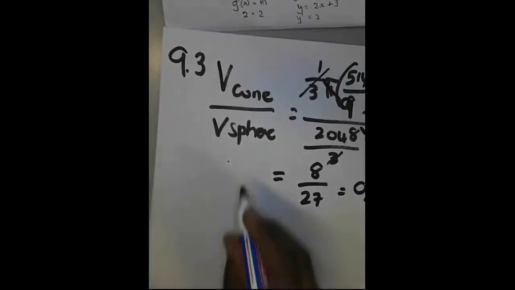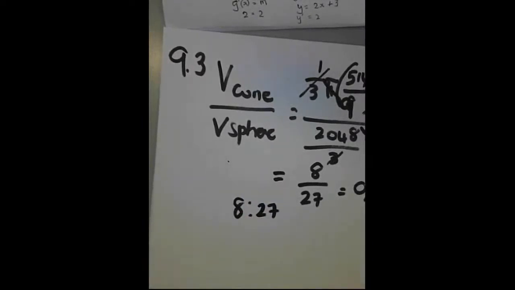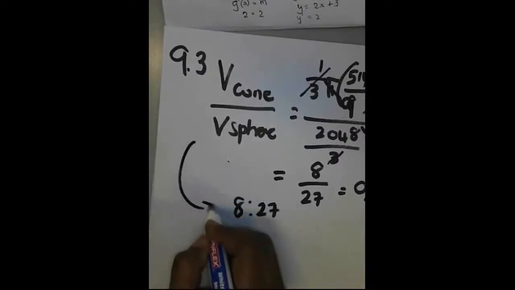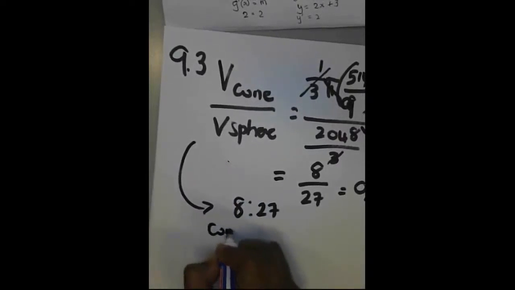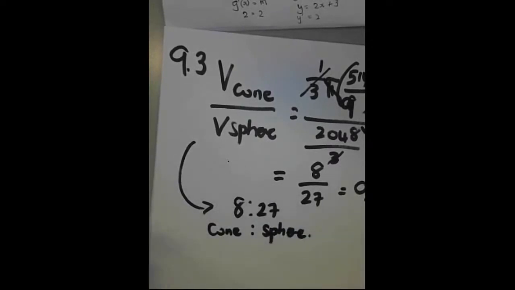That is the relationship between the two. So if you wanted to say 8:27, you could do that, right? If you wanted to put it strictly in a ratio, this is the cone's volume is to the sphere's volume. Or you could have put it in the ratio 1:3.